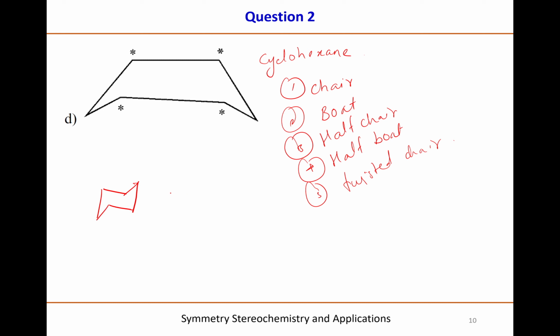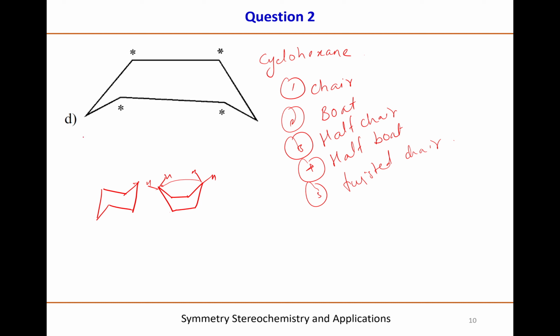Okay, and in boat form we have this flagpole interaction, right? Flagpole interaction we call it. So in boat form, both these carbons are on the same side.